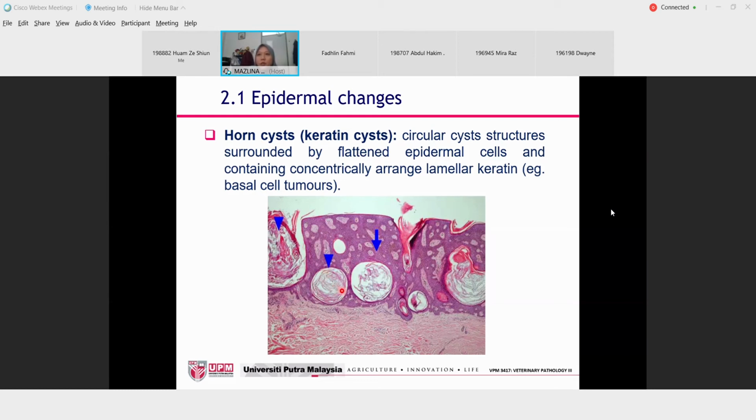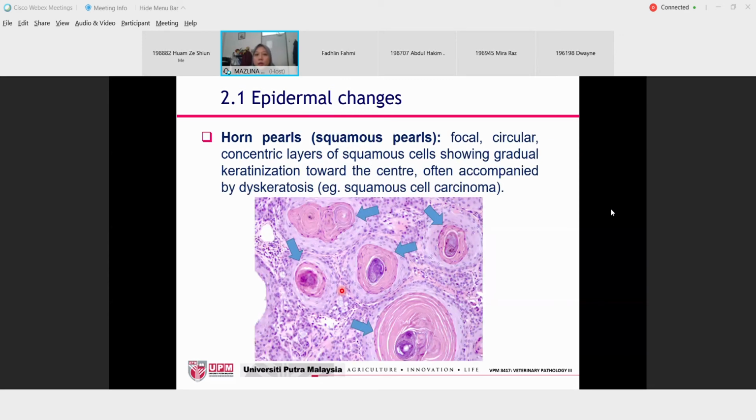So this one you need to differentiate from horn pearls, or sometimes known as squamous pearls. Squamous pearls are actually focal circular concentric layers of squamous cells. You can see that these are mainly squamous cells, showing gradual keratinization towards the center. The pinkish part is actually the keratinization.